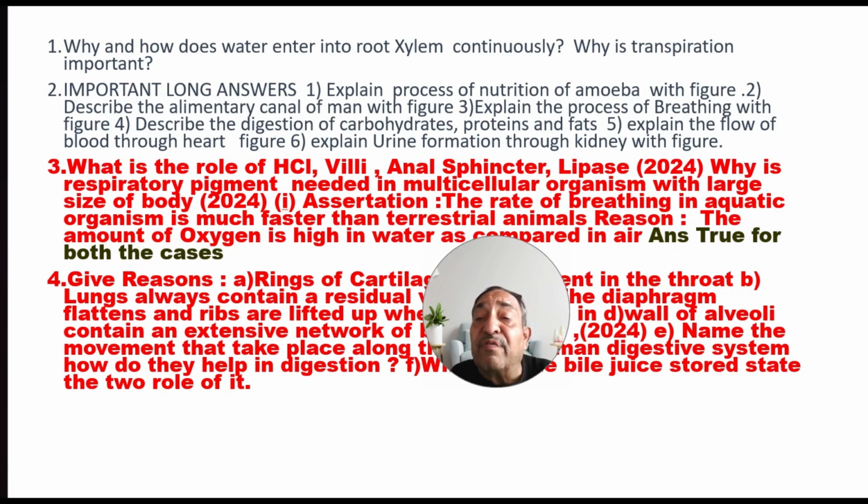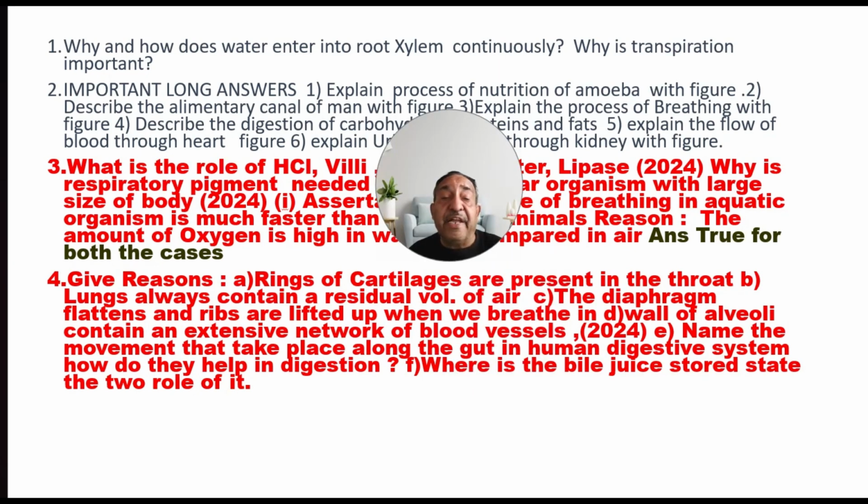The rate of breathing in aquatic organism is much faster than the terrestrial animal. Reason: the amount of oxygen is high in water as compared to air. ये दोनों के दोनों सही हैं। Next, the rings of the cartilages are present in the throat.